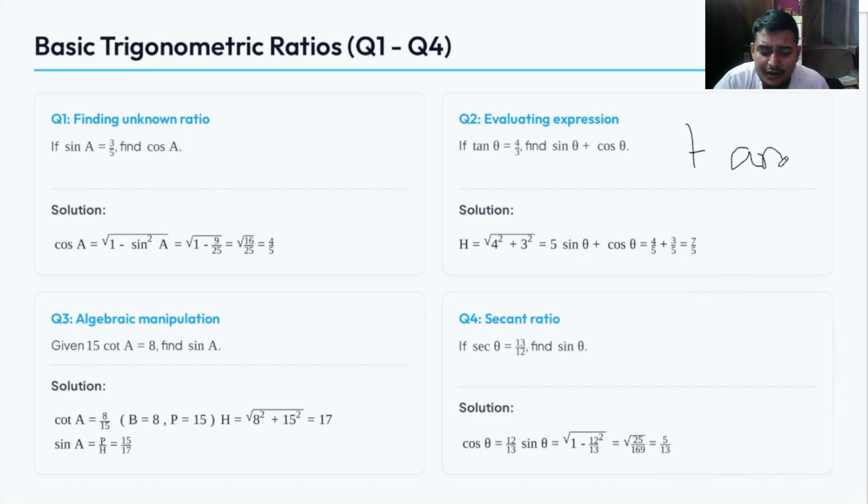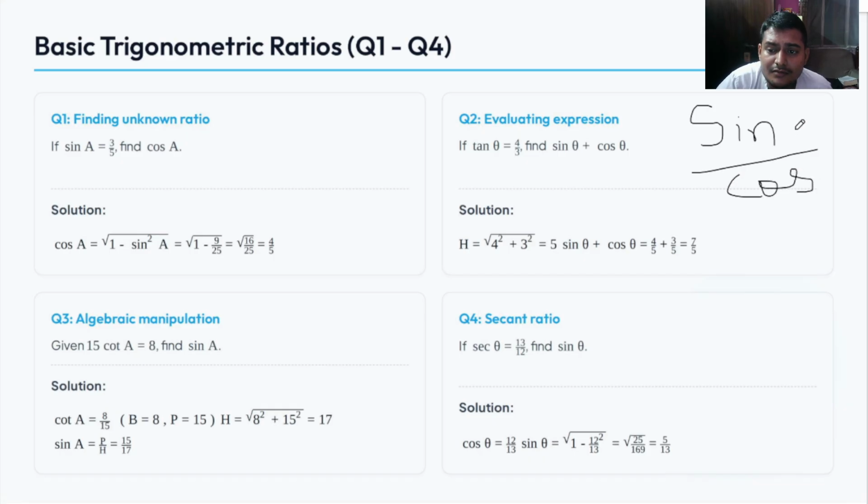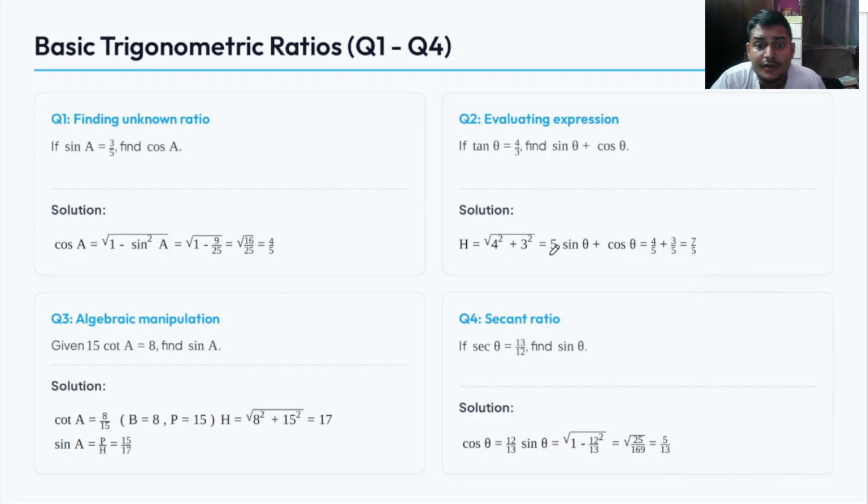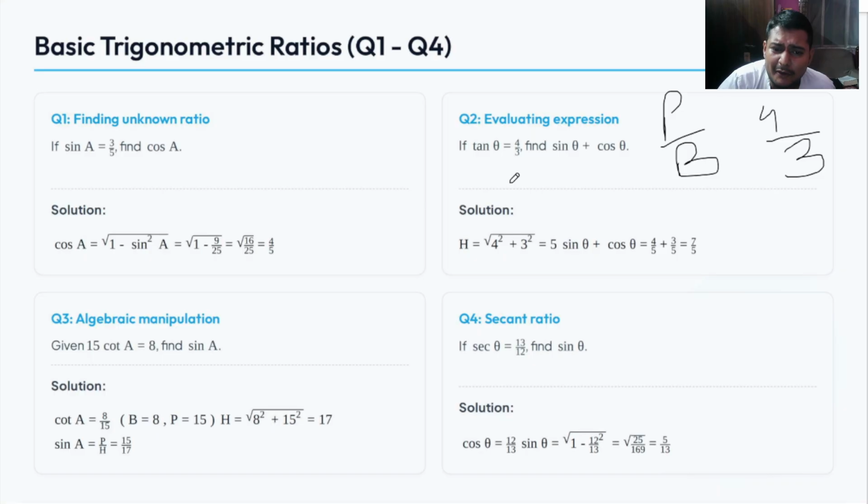We know tan theta equals sin theta by cos theta, and tan theta also equals perpendicular by base. So now perpendicular over here is 4 and base is 3. We have to find the hypotenuse.